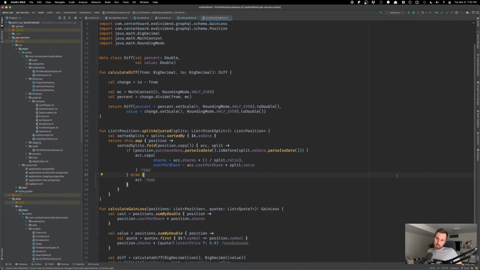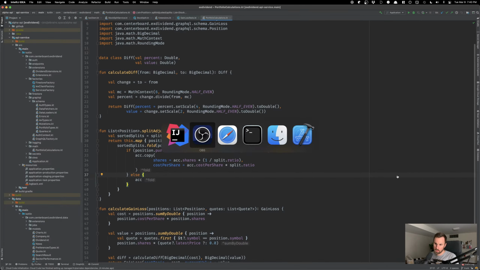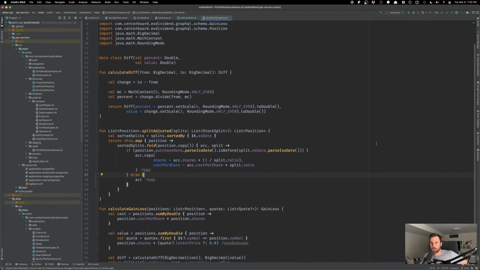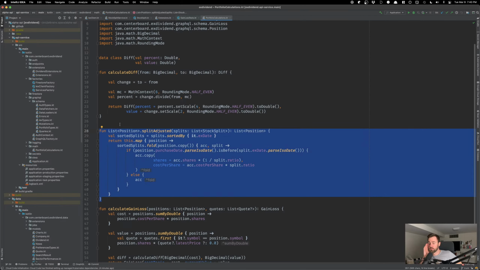So tonight, we're going to finally start working on calculating dividend returns for a given stock. There's going to be two major things that we have to do. Calculating dividend return is a relatively simple calculation, similar to the way that we did split adjusted, right?